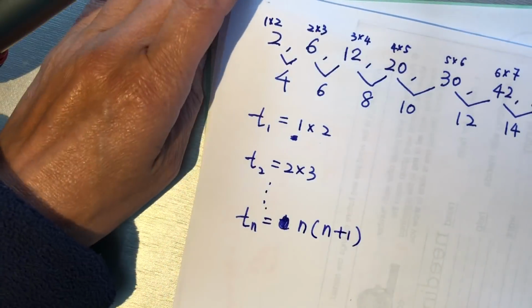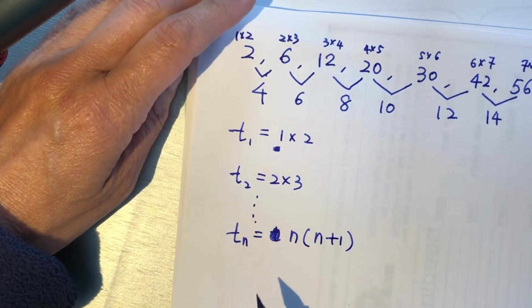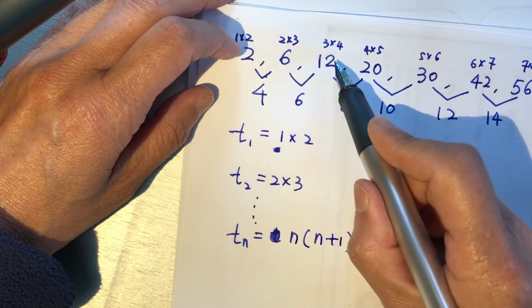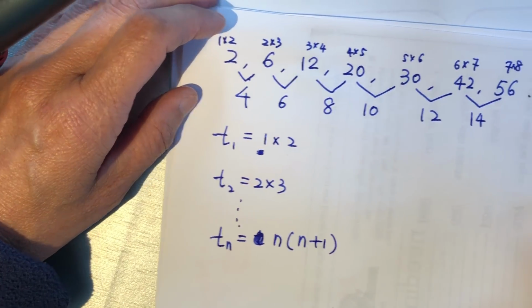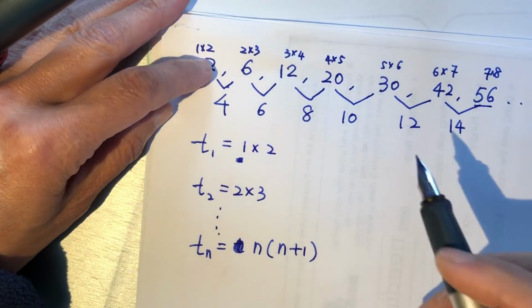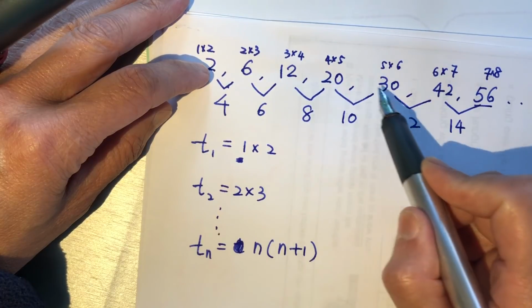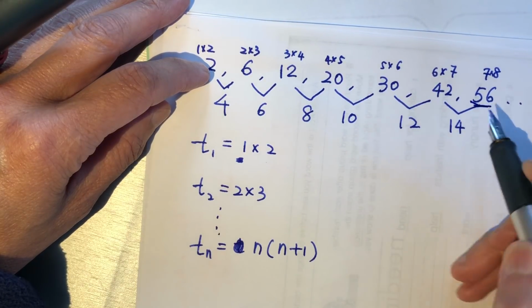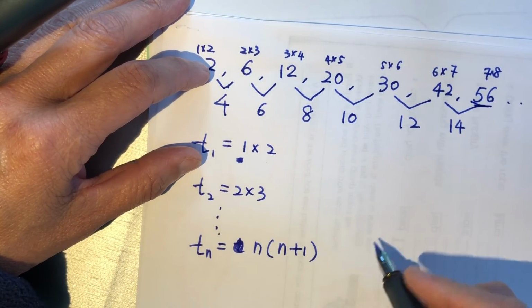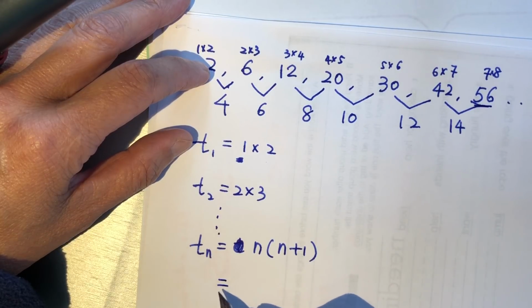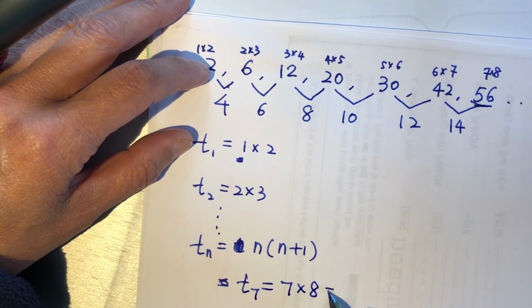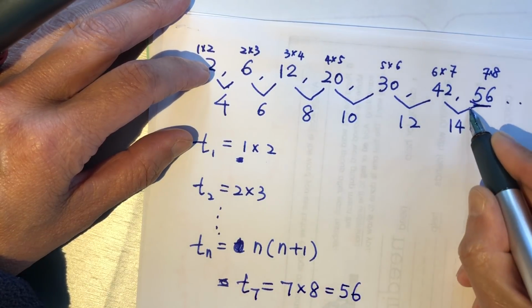Now let's try to prove if this is right. 1, 2, 3, 4, 5, 6, 7. The seventh term, if we use this formula, T7 should be 7 times 8, which is 56, which is right.